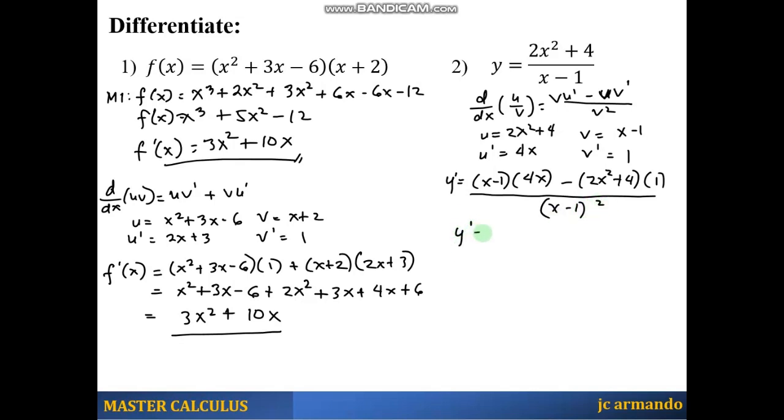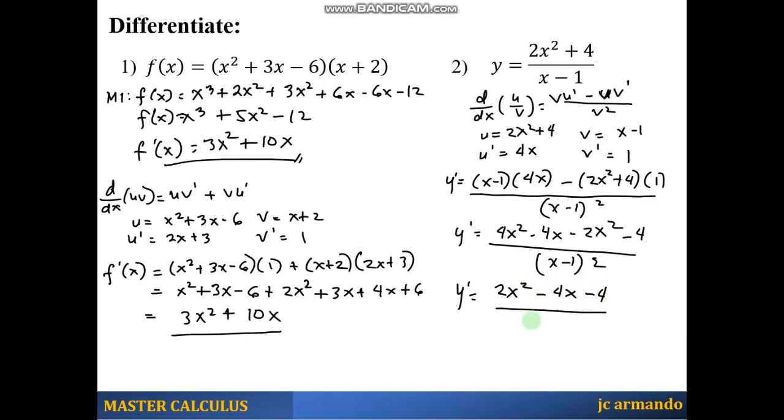So y prime is equal to x times 4x, 4x squared, x times 4x times negative 1, negative 4x. So distribute the negative, negative 2x squared minus 4 divided by x minus 1 squared.